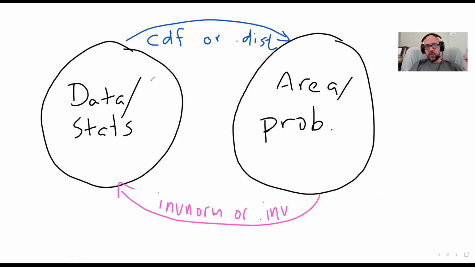If you're starting with a statistic value and trying to find area, that's when you use CDF or .dist, right? So that's this direction. If you want to go the other direction, starting with area or probability and wanting the statistic value that goes with that, that's INV norm, or INVT if it's a T distribution, or just the .inv function in Excel or Sheets, which I'll show you in just a second. So it's like a big circle.